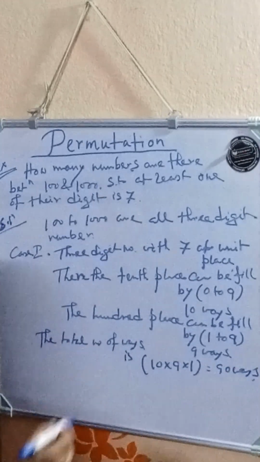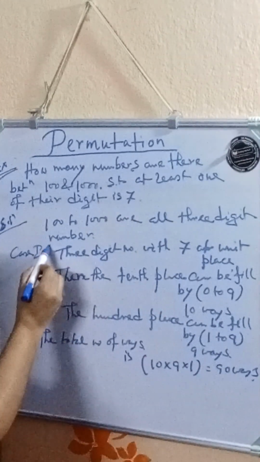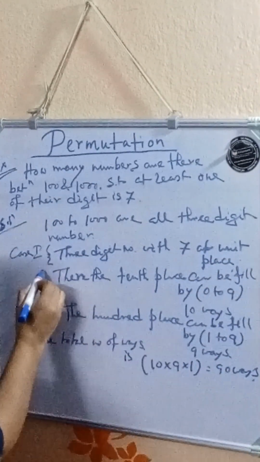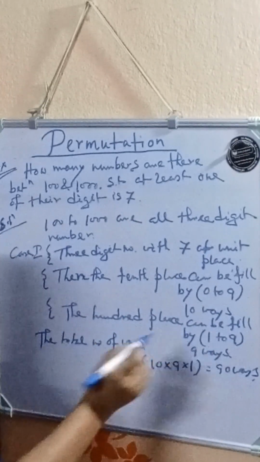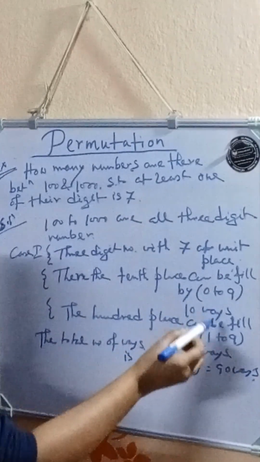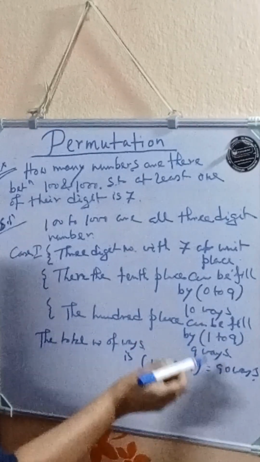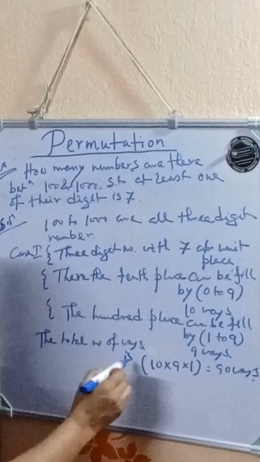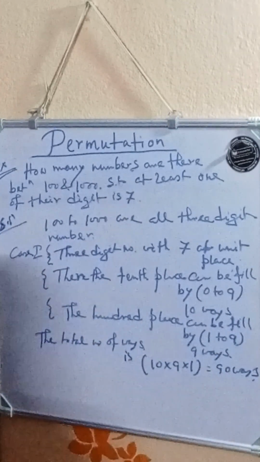As we choose, the first event occurs in only one way, the second event occurs in 10 ways, and the third event occurs in 9 ways. Of these 10 ways, for each we can choose the 100 place in 9 ways, and for each of these we can choose 7 in the unit place in 1 way. Therefore, the total number of ways is 10 into 9 into 1 equals 90 ways.